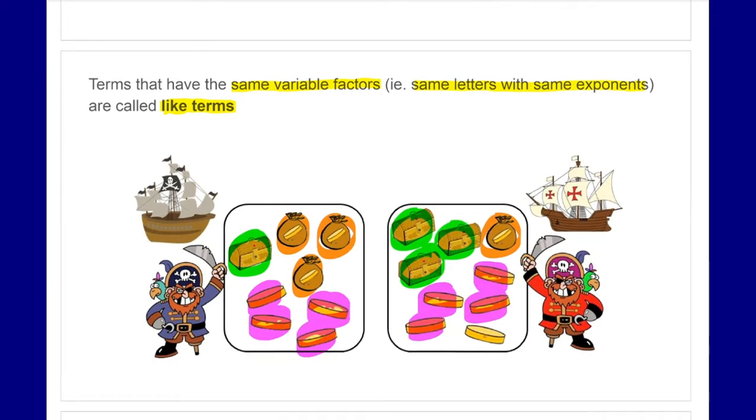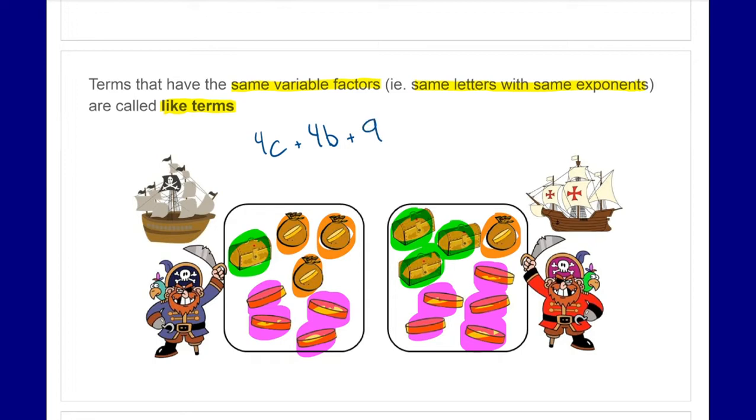So if I was to add their two bounties or stashes together, I would add up the parts that are the same. So we would say that they have, say, 4 chests. We'll say 4C plus 4 bags plus 4 and 5. And you say 9.